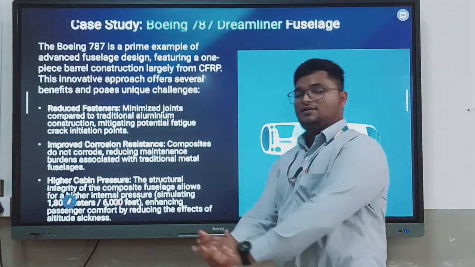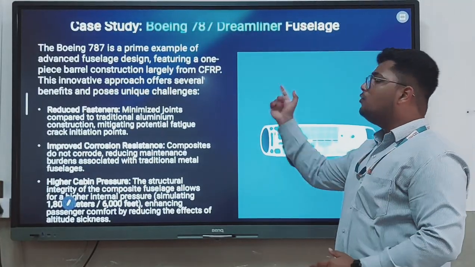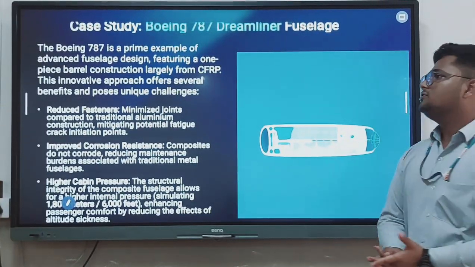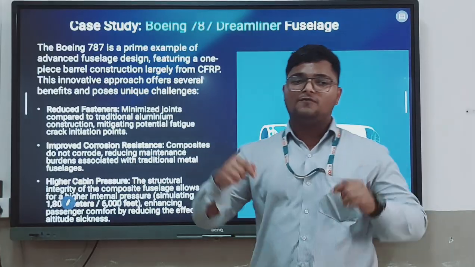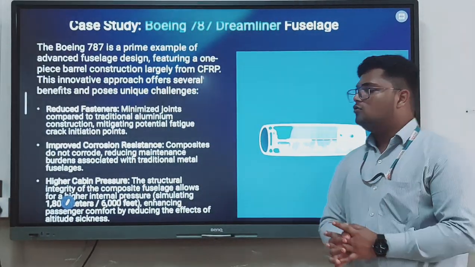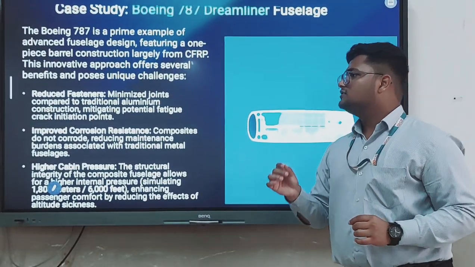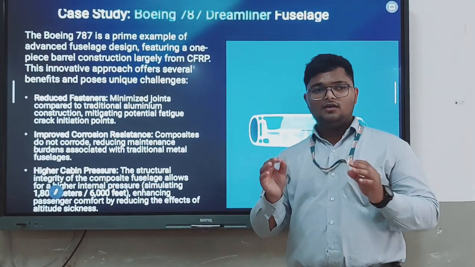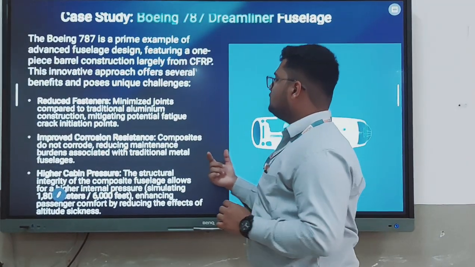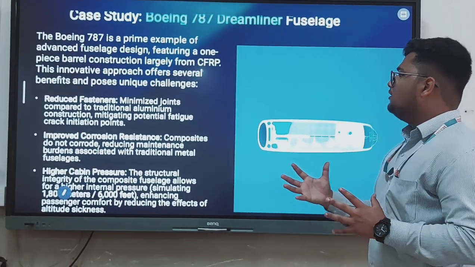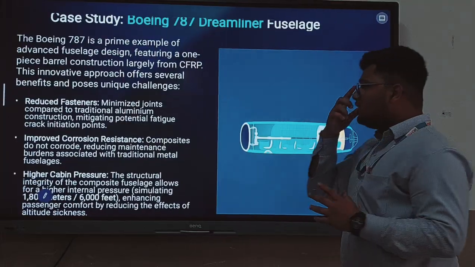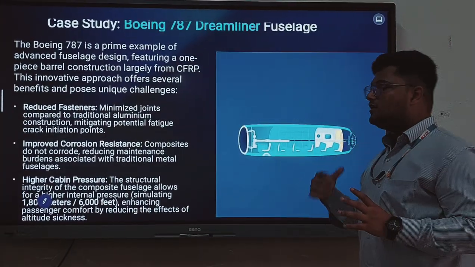Next we have a case study on the Boeing 787 Dreamliner, which is the prime example of today's aircraft. If we look at the Boeing 787's fuselage, it is a one-piece barrel construction.